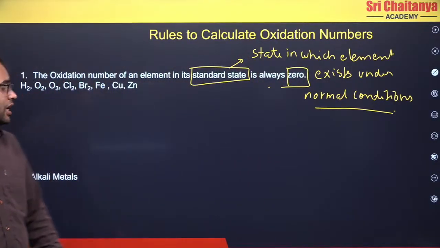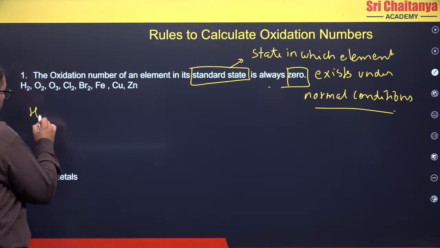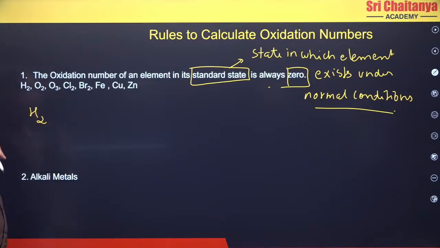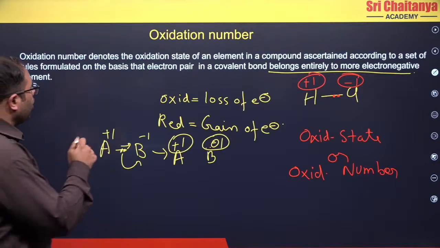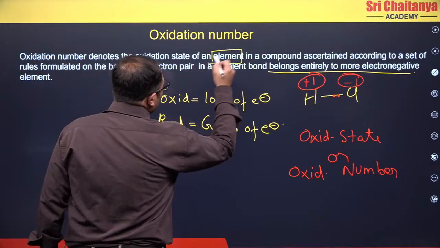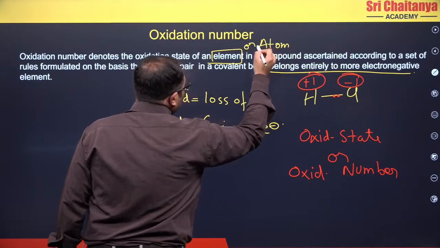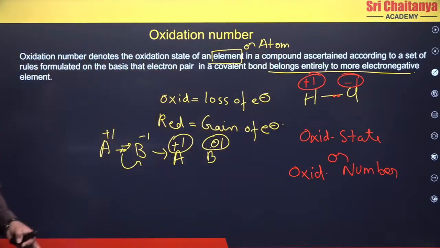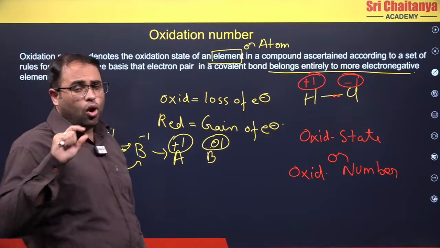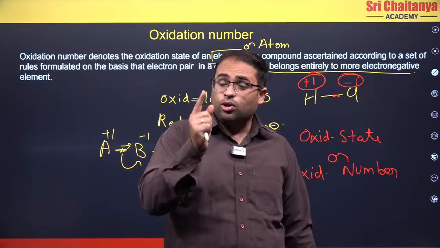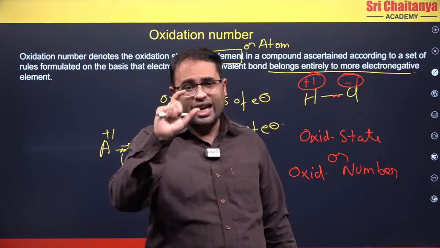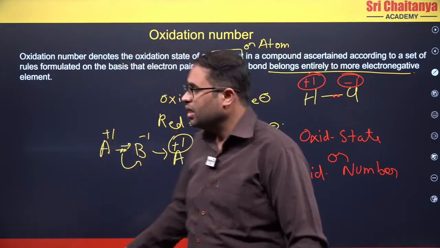So what I'm trying to say is here for hydrogen. Now remember, oxidation number is always of an element, or I should say an atom. It is never defined for a compound or a collection of atoms. So whenever they ask you oxidation number, remember they're asking you of a single atom, a single type of atom or an element, right?